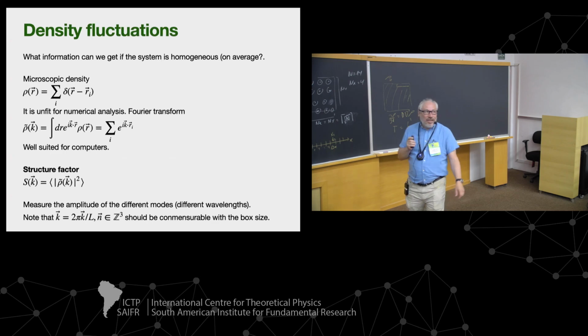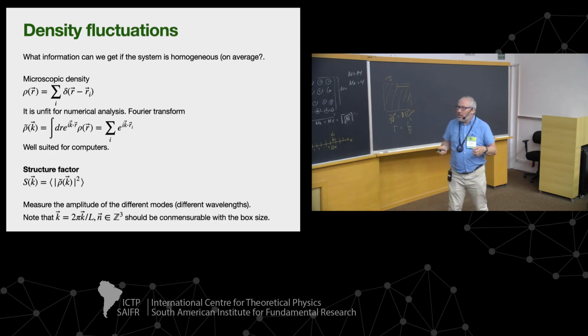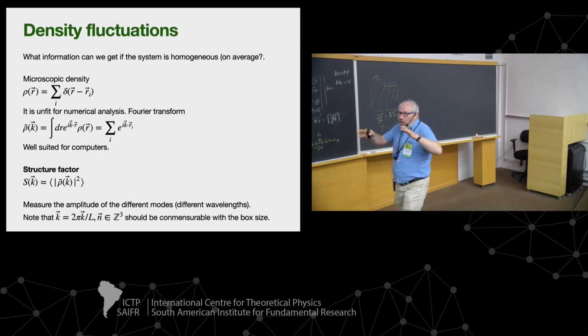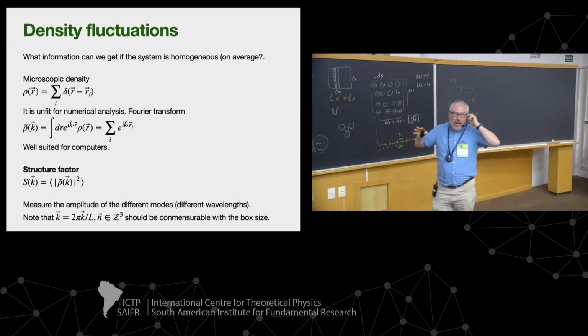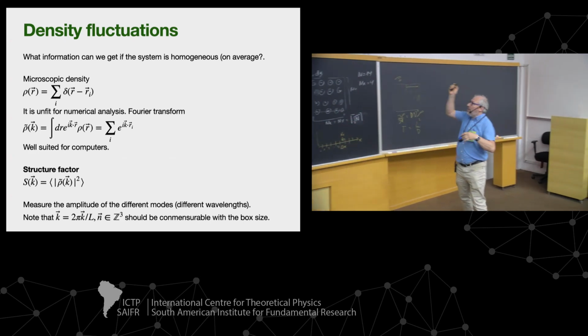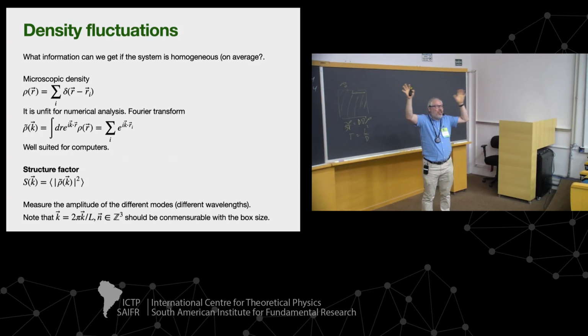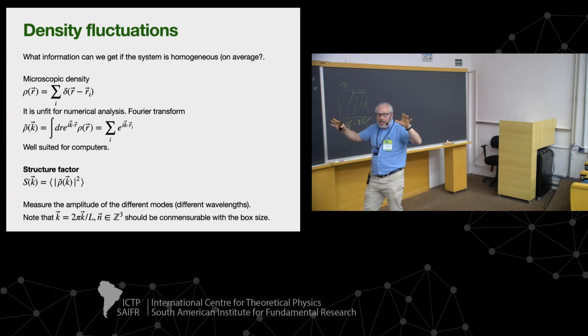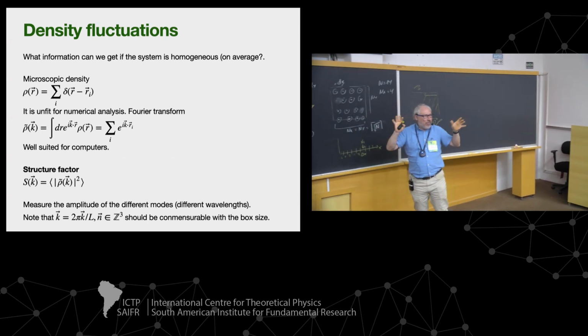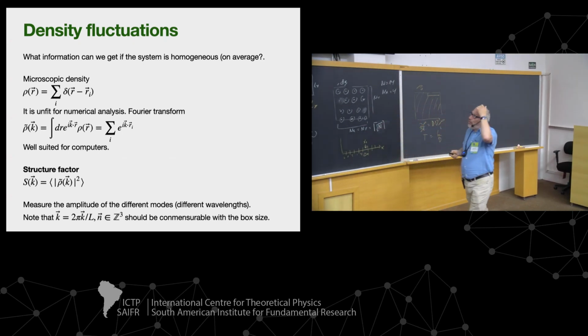Okay, so density fluctuations, because those systems, in many conditions, are homogeneous. Francesco was showing yesterday, for example, in this V-shaped model, that in some phases the system was homogeneous, but it's highly fluctuating. Yes? So how do you measure fluctuations?